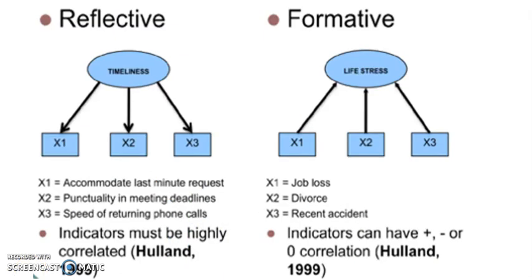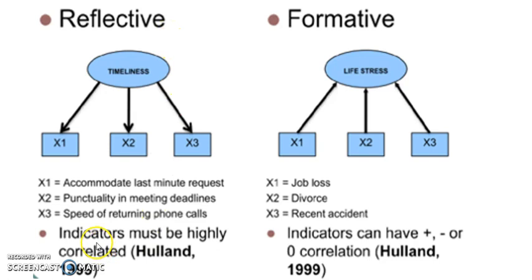For example, timeliness can be reflected by indicators such as accommodating last-minute requests, punctuality in meeting deadlines, and speed of returning phone calls. That timeliness is manifested by these indicators. That's why it's called reflective measurement.